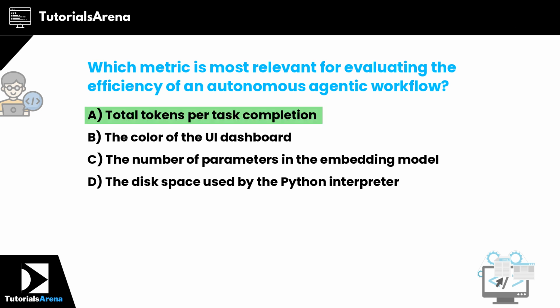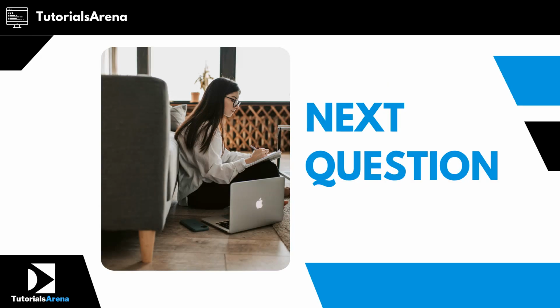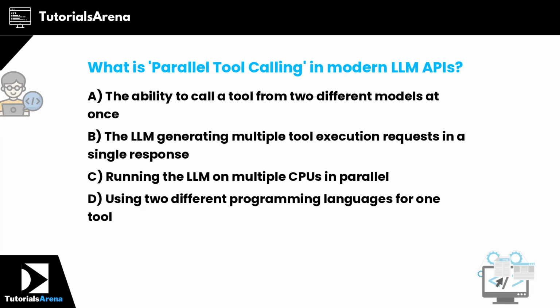The correct answer is option A, total tokens per task completion. What is parallel tool calling in modern LLM APIs? The correct answer is option B. The LLM generating multiple tool execution requests in a single response.